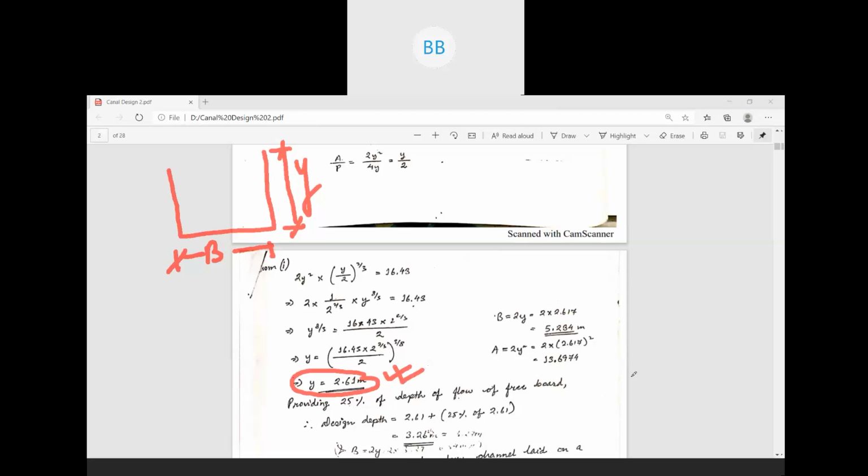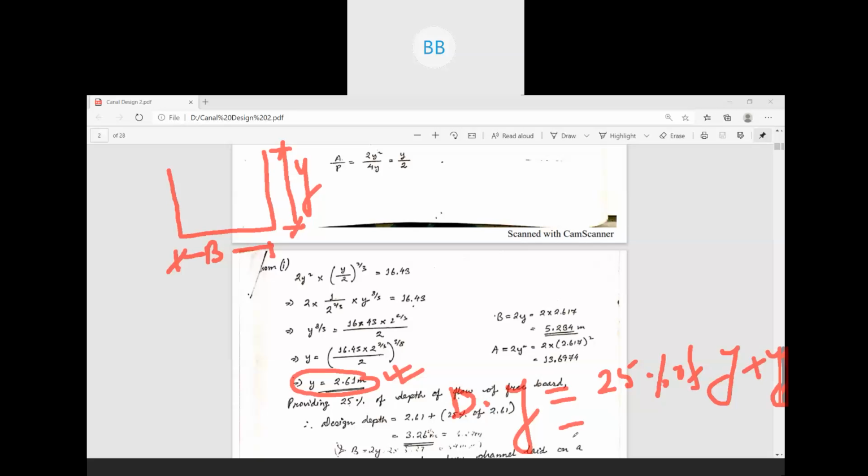So now we are going to substitute freeboard, that is 25% of Y. As a freeboard, 25% of Y plus Y will be your design Y. The design depth of flow will be 25% of Y plus Y.